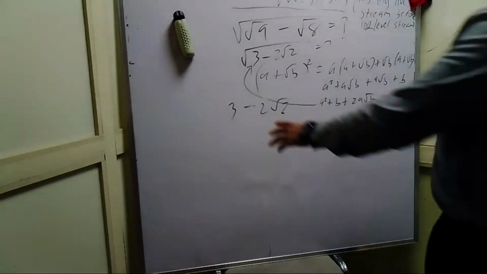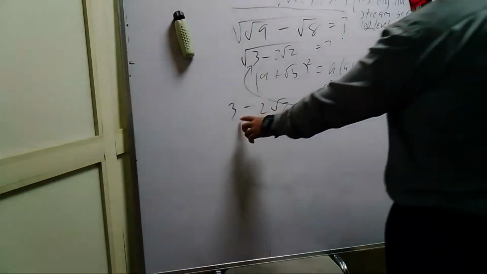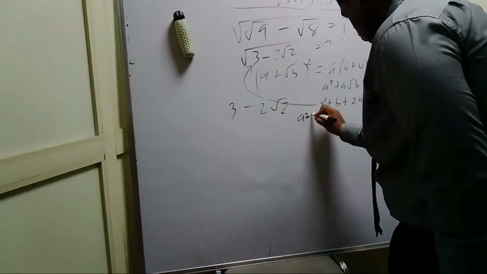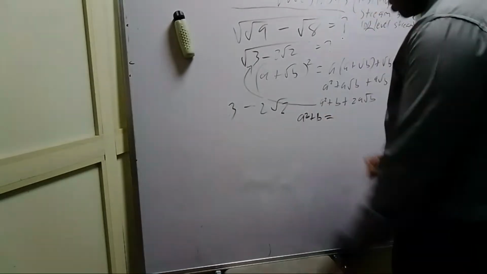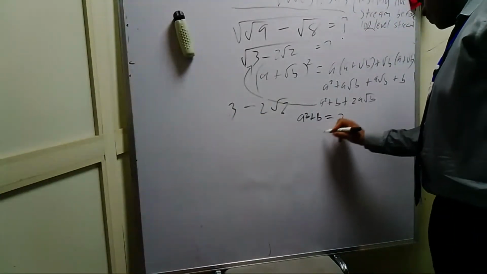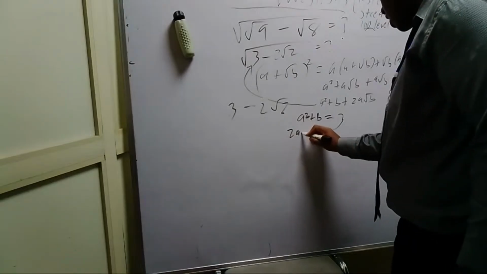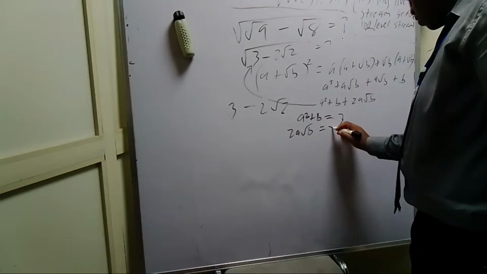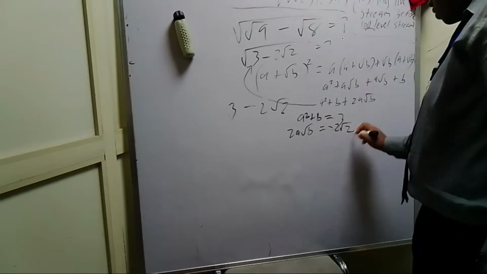Okay, if I want to compare the two of them, 3 does not have any surd attached to it. So a squared plus b should equal that 3, and 2a root b must equal minus 2 root 2.